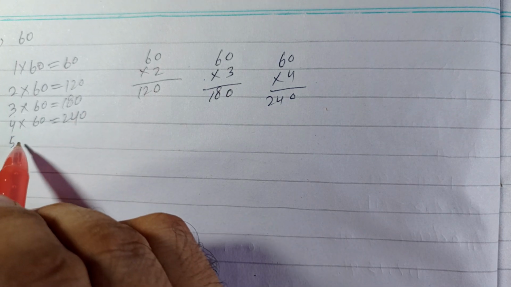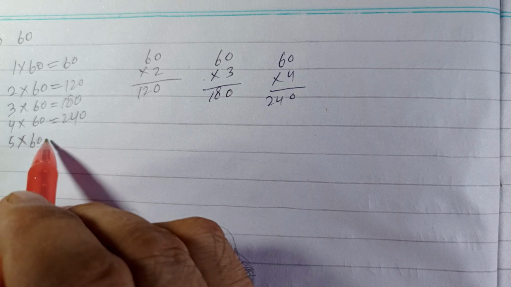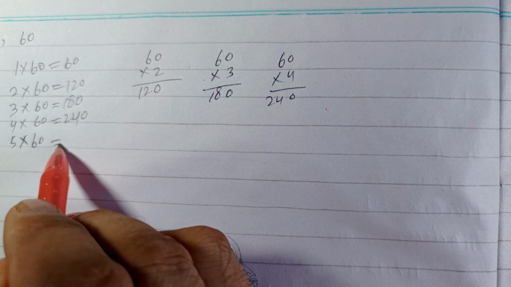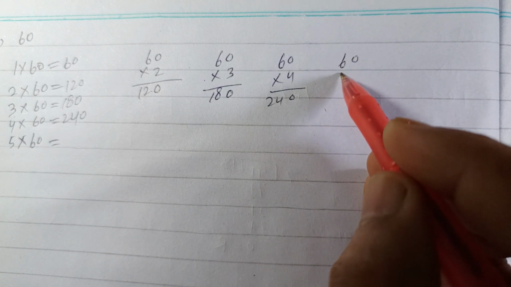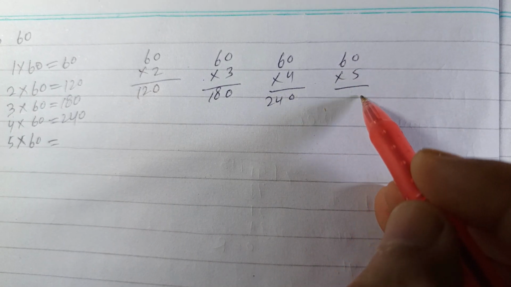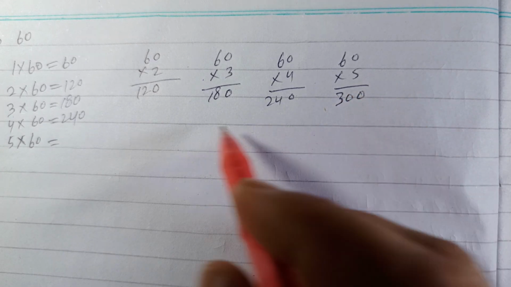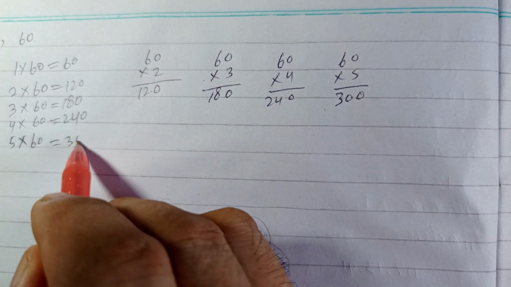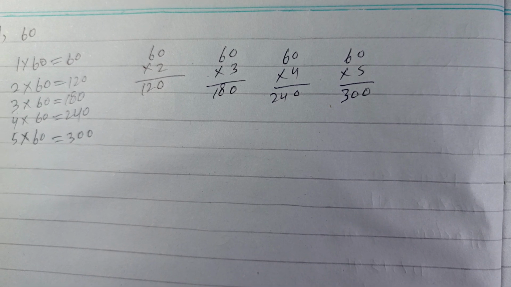Now 5 multiplied by 60. What will be 60 multiplied by 5? 5 zeros are 0, 5 6s are 30. So 300. These are 5 multiples of 60.